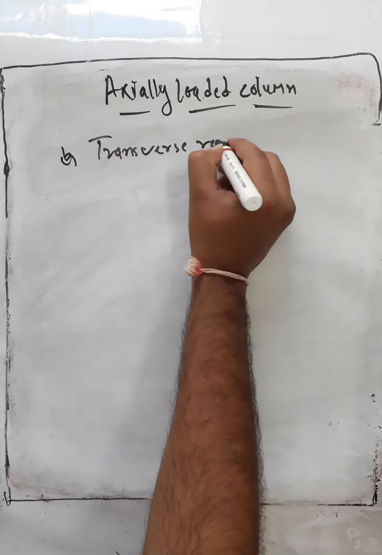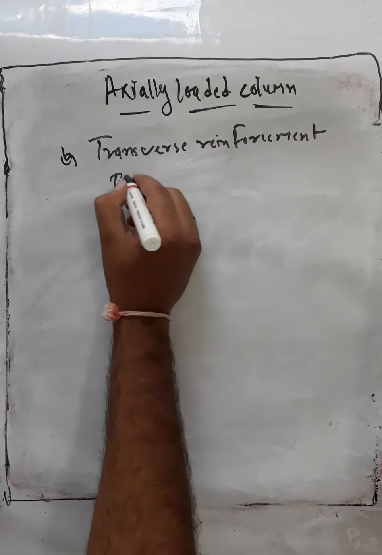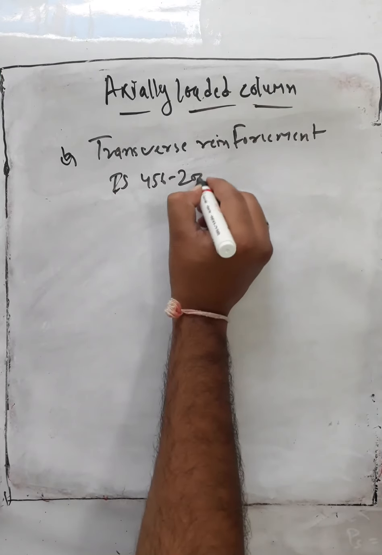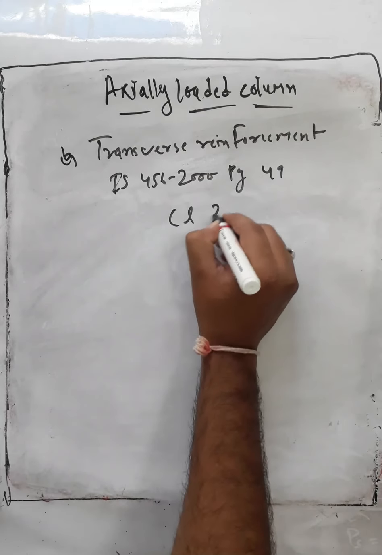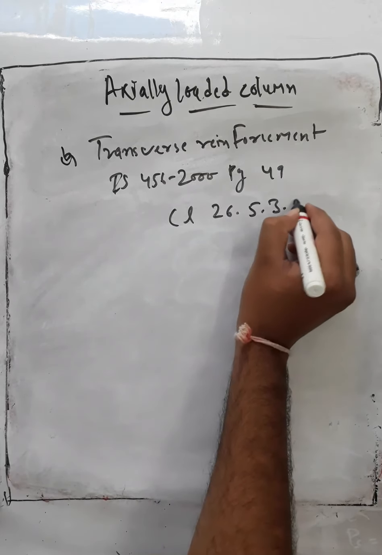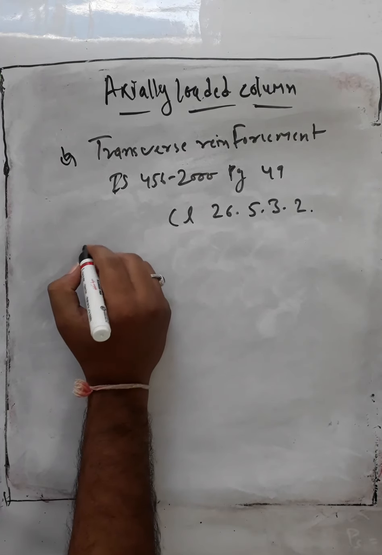For that you have to see our code IS 456-2000, page number 49 and clause number 26.5.3.2. Some general criteria and arrangement of transverse reinforcement are given in this clause. You visit that code. Here I discuss only some important points, like for lateral ties.